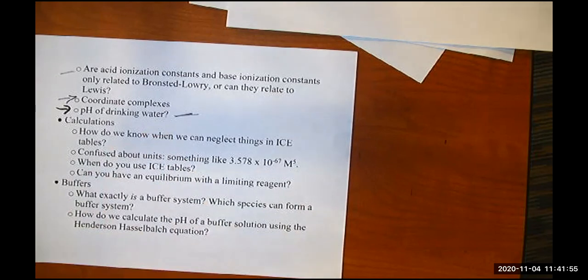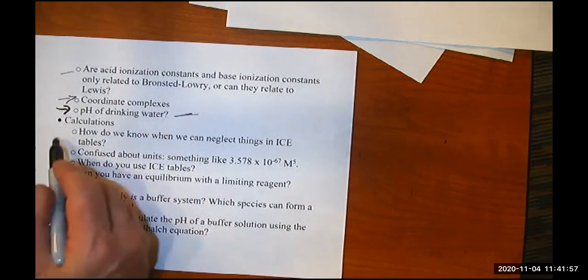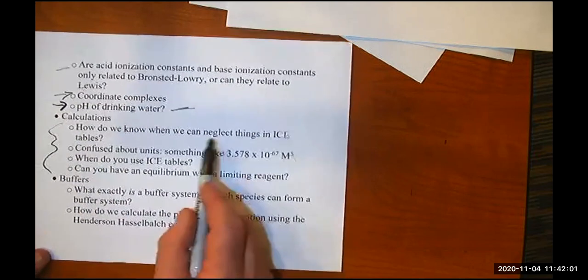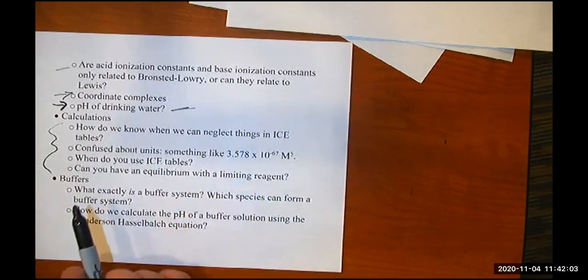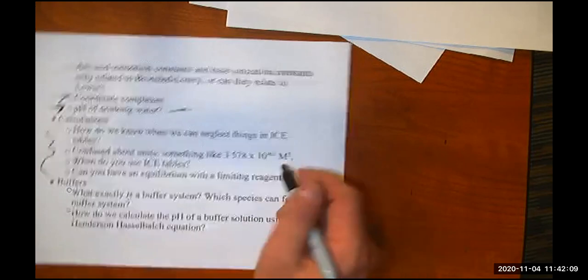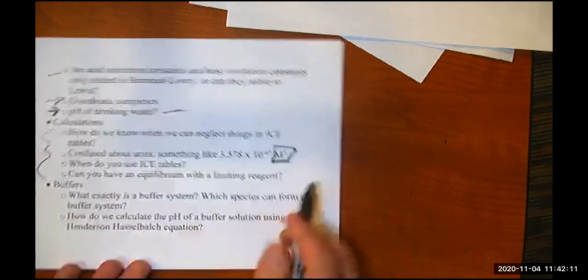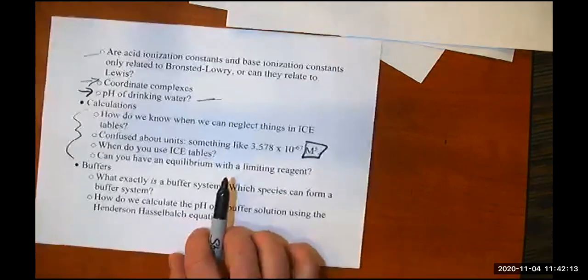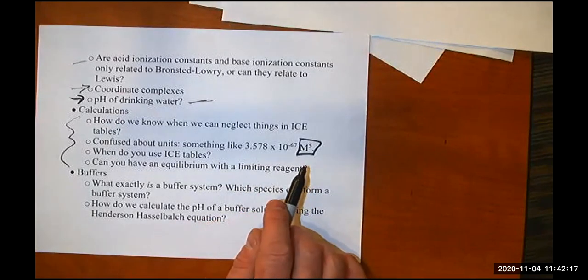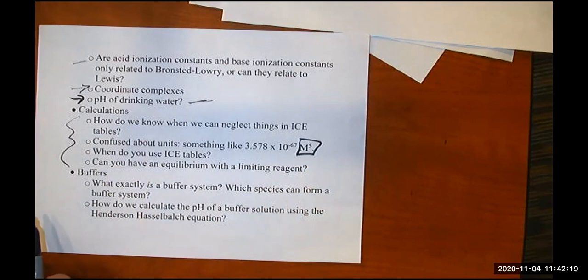So in particular, things to look for are some details on how to do some of these calculations. When do you know if you can neglect X in the ICE tables or neglect the initial concentration of hydronium or hydroxide? Dealing with weird units, like molar to the fifth, something like that, that shows up in equilibrium constants. When do you use ICE tables and when don't you?